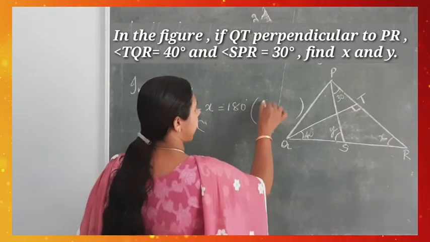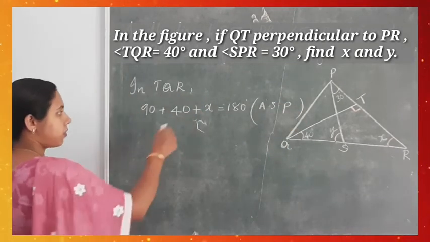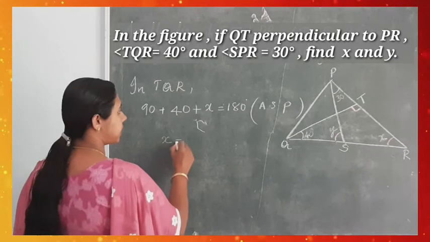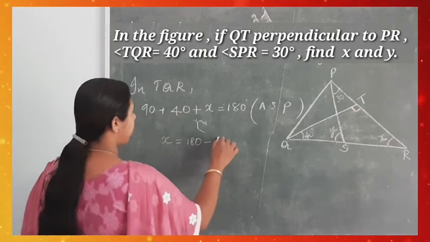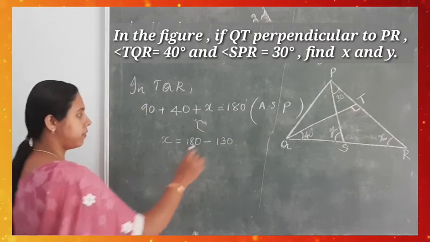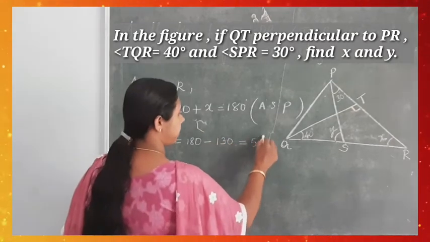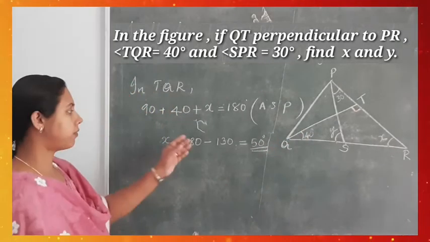The reason is the angle sum property. So we will get the value of x. x is equal to 180 minus (90 plus 40), that is 180 minus 130, which is equal to 50. So angle x is equal to 50 degrees. So one of the angles we got.